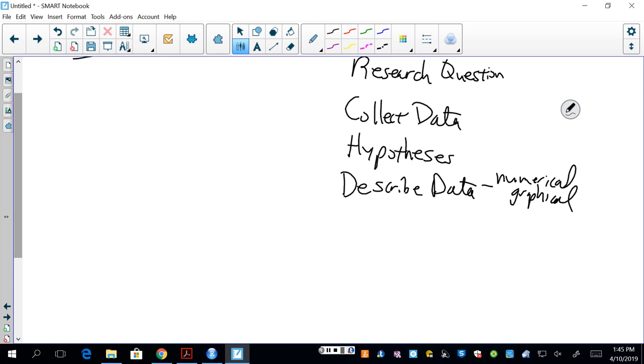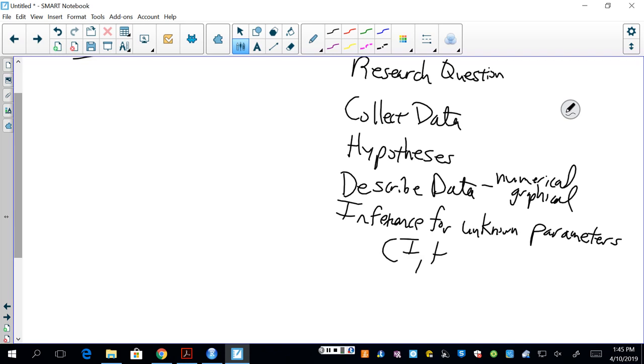And then statistical inference. Inference for the unknown parameters. Things get framed in terms of means, proportions, variances. Once we do linear regression, there's going to be a slope or rate of change that we're trying to estimate. Maybe we do confidence intervals, maybe we do hypothesis tests. And then after that, there's some conclusion.